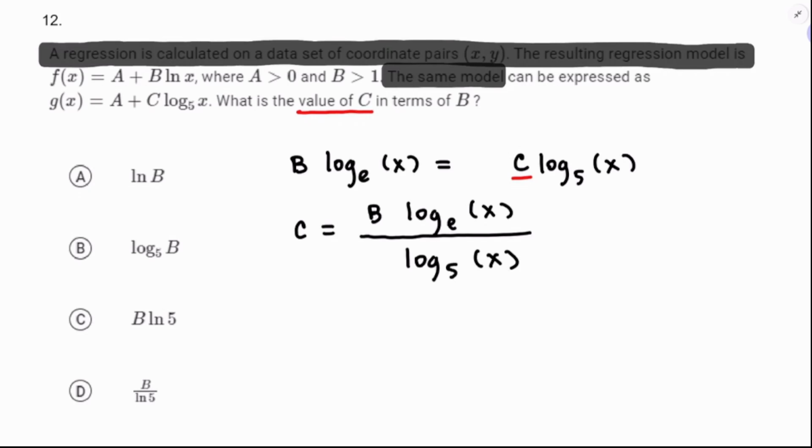That's not any of my answer choices, right? That's not what I like to see. I'm kind of confused here because they've got the same argument.